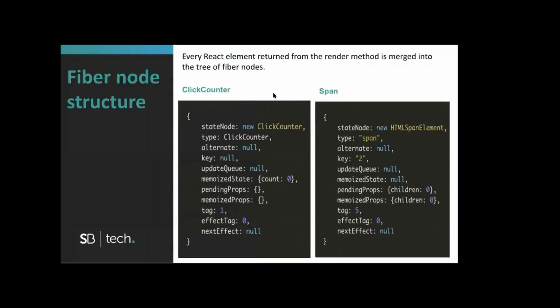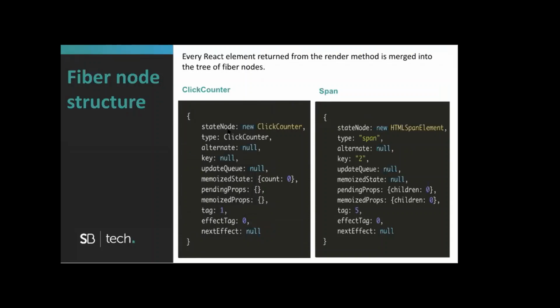Once the element is returned from the render, it will be merged into a tree of Fiber nodes. Whatever is returned from the render method, Fiber will analyze the data, and it will insert its own node. This node will be the key part for Fiber to do an iteration, or the part that holds the memory and all the necessary properties that it can use further on.